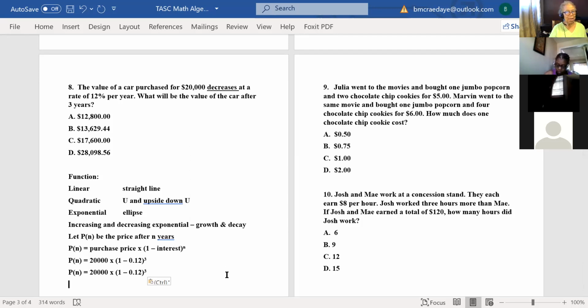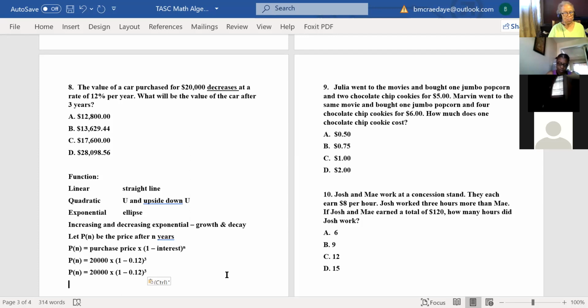So do your subtraction first, then raise it to the third power. Then multiply what you get by the 20,000 and tell me your answer. So we're kind of getting ahead.